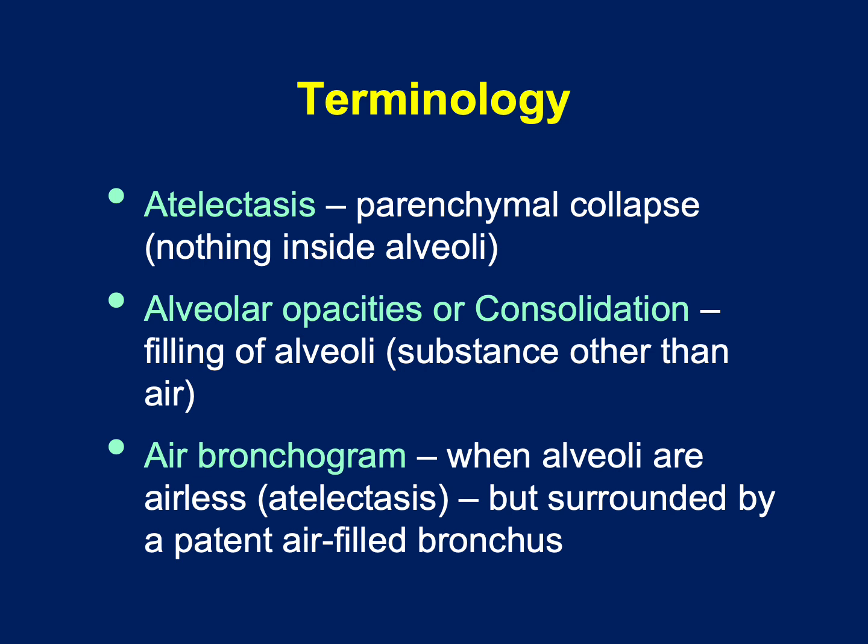An air bronchogram means that alveoli are airless or are atelectatic, but the surrounding bronchus still has air. So it looks like a tube that is going towards an alveolus, but there's nothing inside the alveolus. So that creates an interface, as I'll show you in some of the pictures.